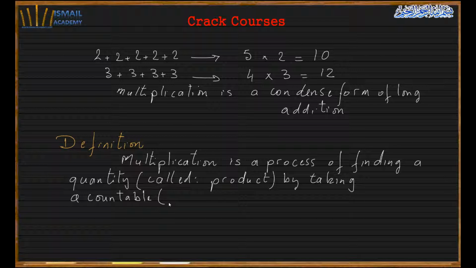So when we count the terms, we call that number multiplier, countable sum of identical terms. The identical terms are called multiplicand.